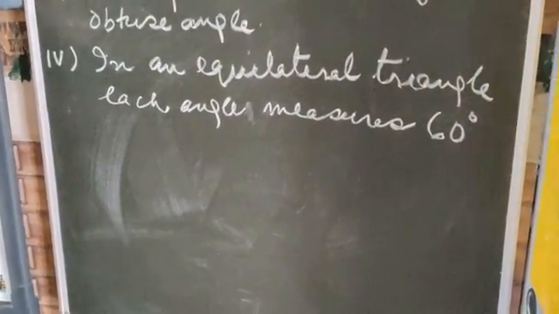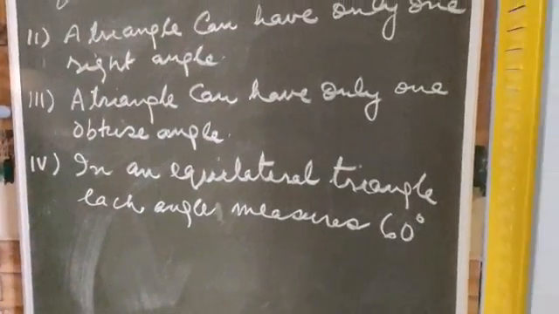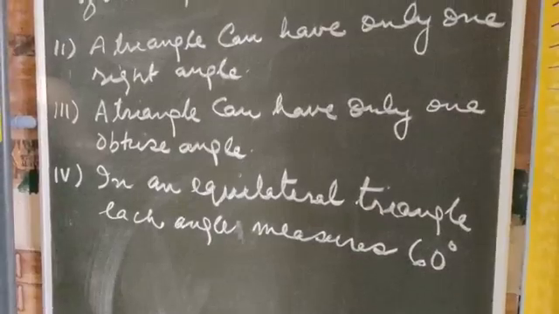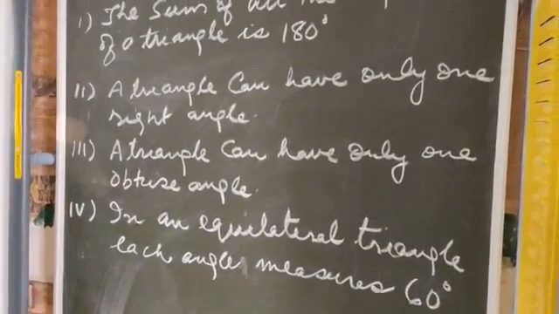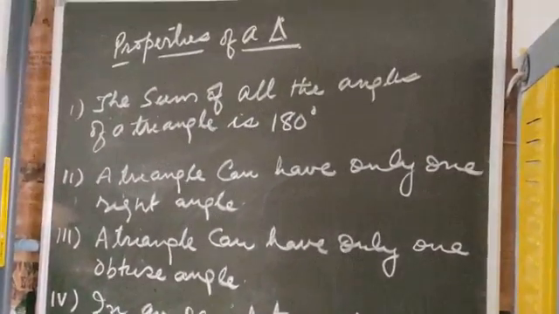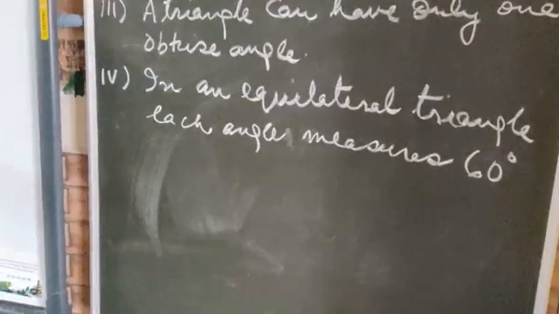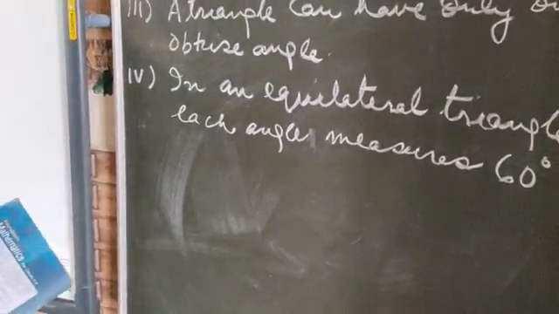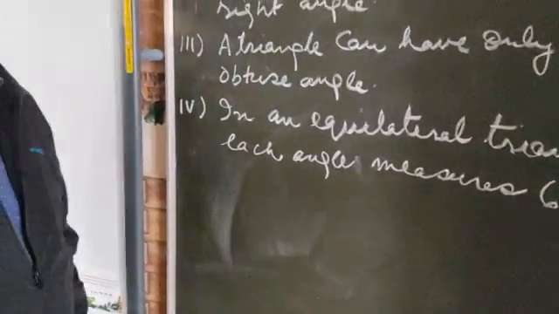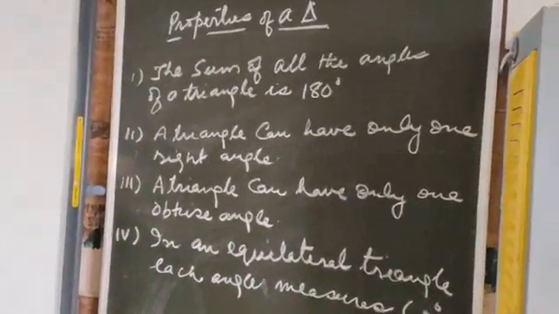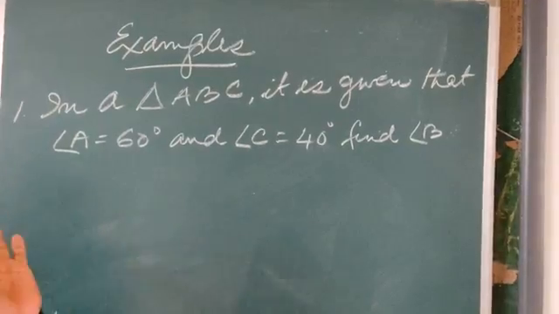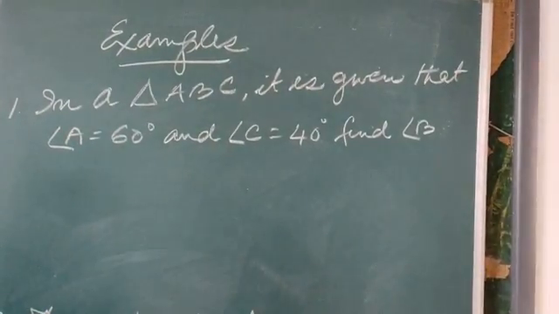So these are some of the important properties of the triangle. Now we'll take up certain sums based on the triangle. Let us take some examples based on the triangles.